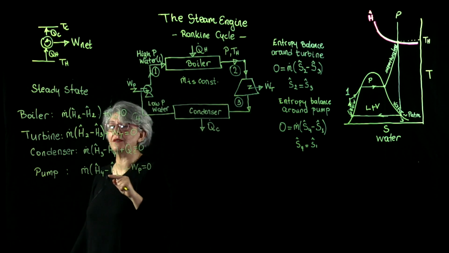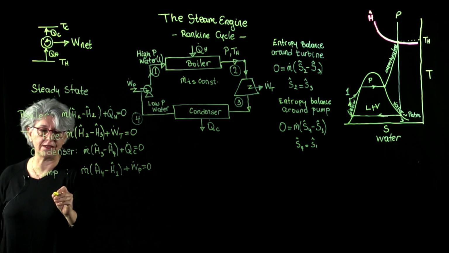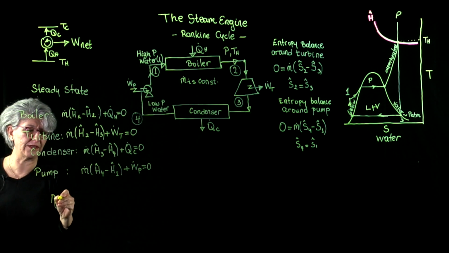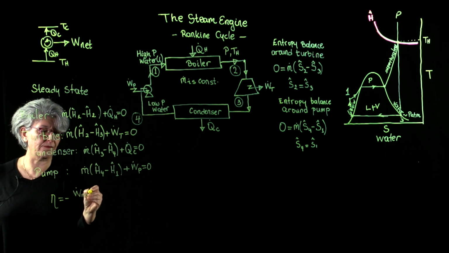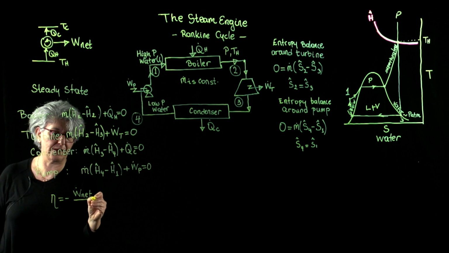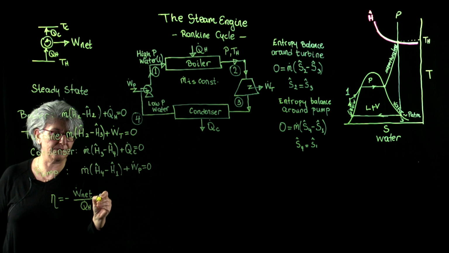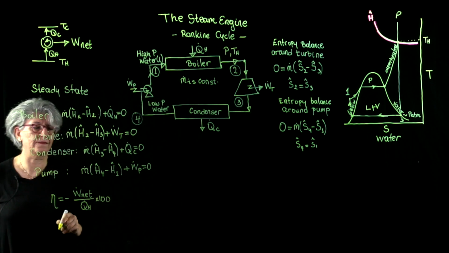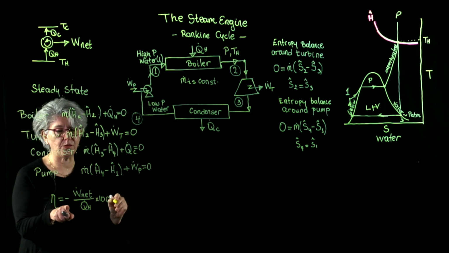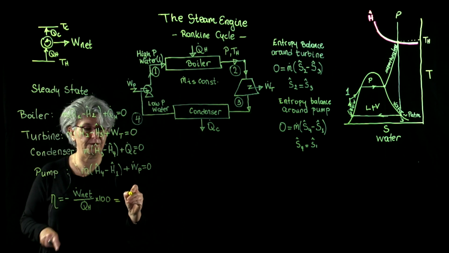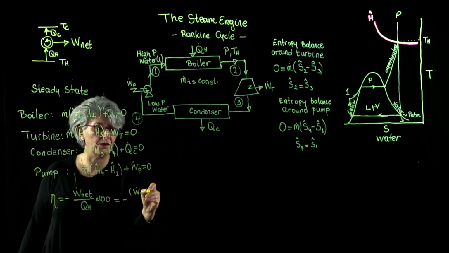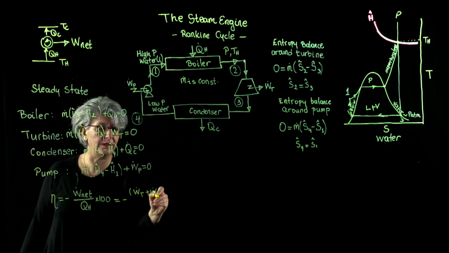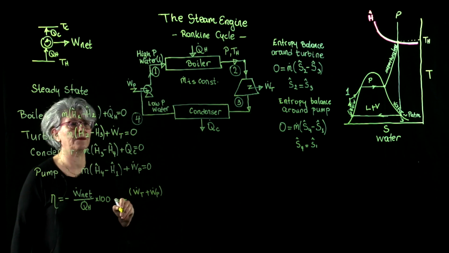Now let's remember, what was the efficiency of a power cycle? Efficiency of a power cycle was minus net work divided by QH. Net work is equal to the turbine work and the pump work summed up.